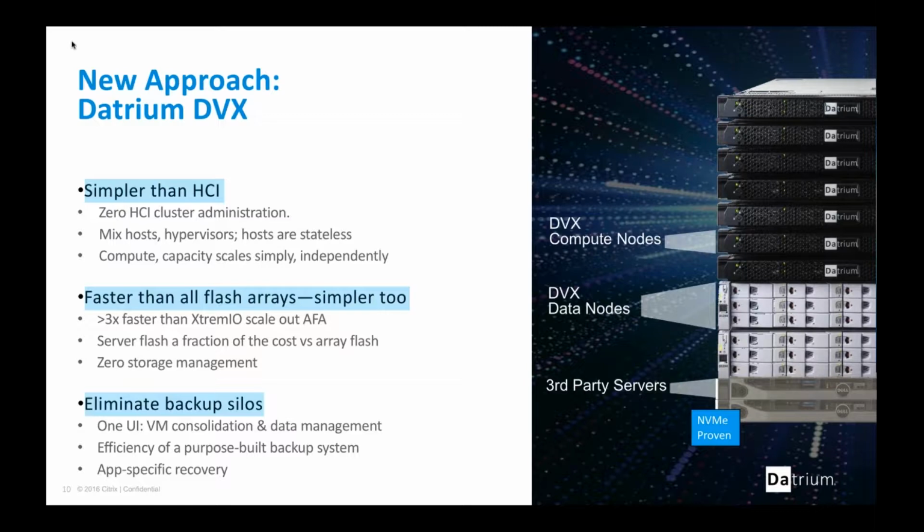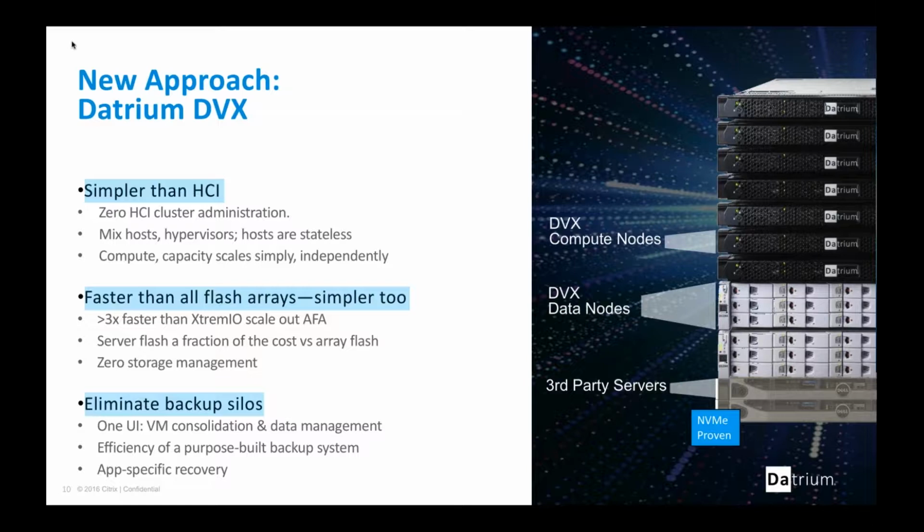And the way we do that is we add Flash and NVMe on the servers, so the data always remains local, and we have a copy of the data in what we call a data pool. So we have this concept of a data node that scales out linearly up to 10 nodes today.